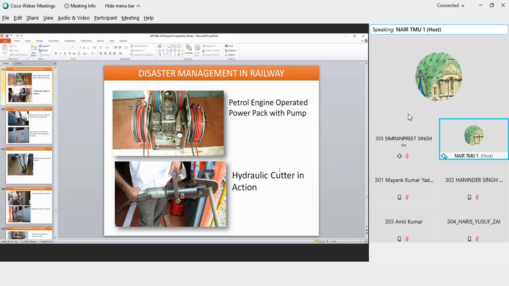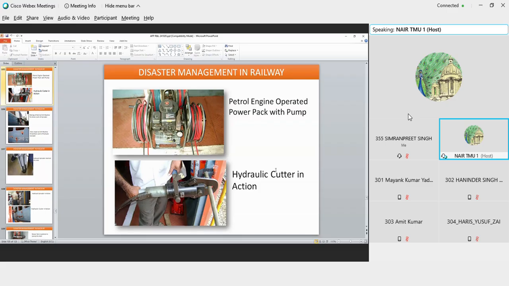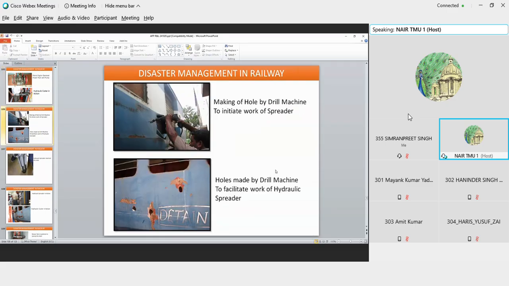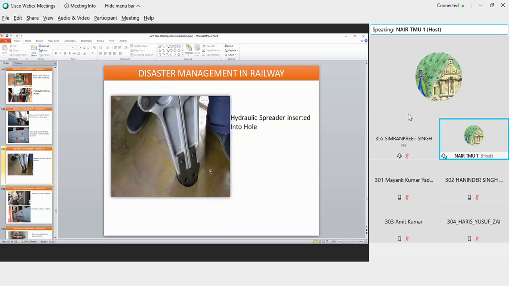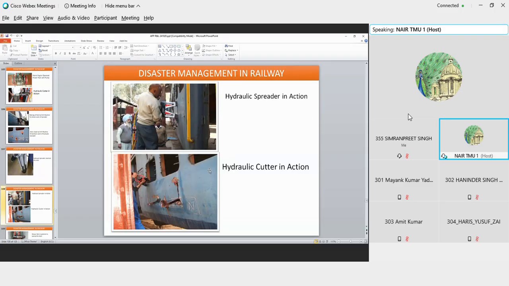These are cutters which are used for cutting open. It is nothing but a scissor. You will create a small hole with the help of a drill, and then you will use these spreaders or cutters, and you will start cutting. So you see here we have started cutting the wagon body or the coach body.